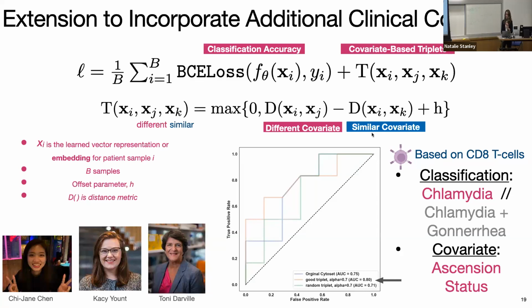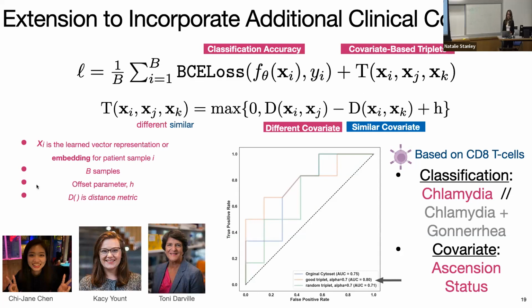And we get a patient K that's similar in terms of covariates. And then we basically look at figuring out how do we enforce that patients that are known to be similar in covariates end up with ultimately similar vector representations than patients who are not similar in terms of the covariates.